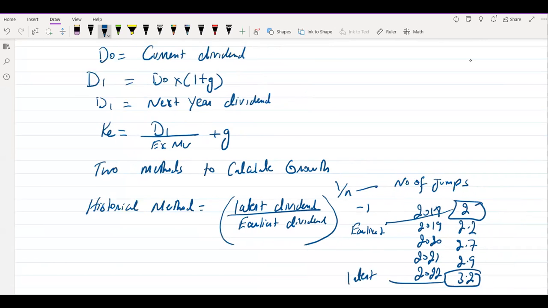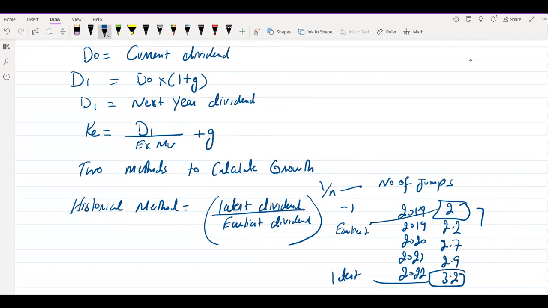How many years? You will not count the base year: 1 year, 2 year, 3 year, 4 year. So n is 4. This is the historical method to calculate the growth.